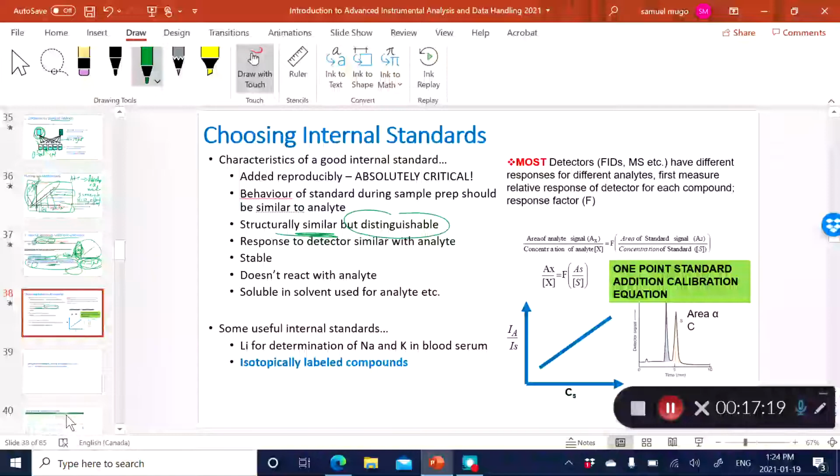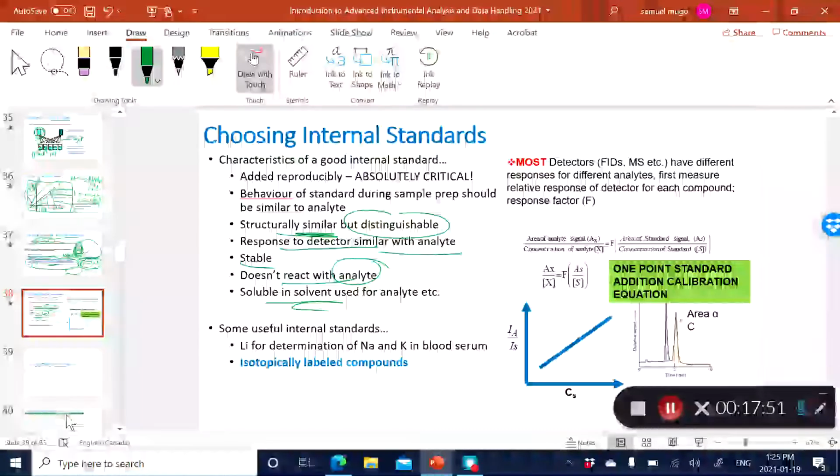Another characteristic is that it should respond to the detector in the same way as the analyte. Another important thing, it should of course be stable. The internal standard should not interfere or react with the analyte you're looking for. And of course, simple things, like it should be soluble in the solvent that you're using for the analyte or the standard.